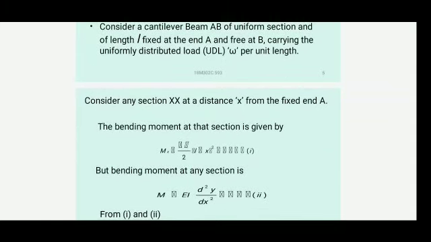The bending moment at that section is given by Mx is equal to minus w by 2 into (L minus x) whole square, that is equation number 1.